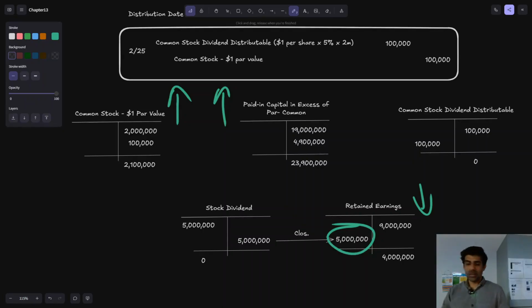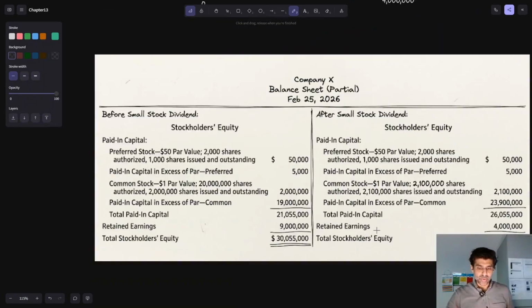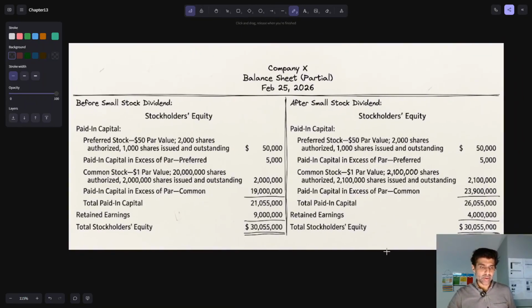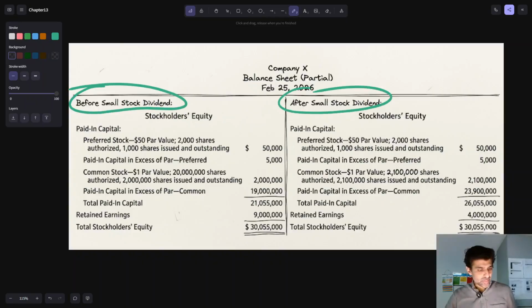So now, if we look at the balance sheet here, just this equity section, this is before the small stock dividend and this is after. Retained earnings was 9 million. It's now 4. Paid in capital was 21,055.